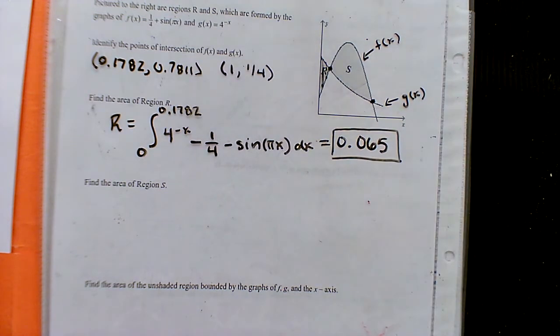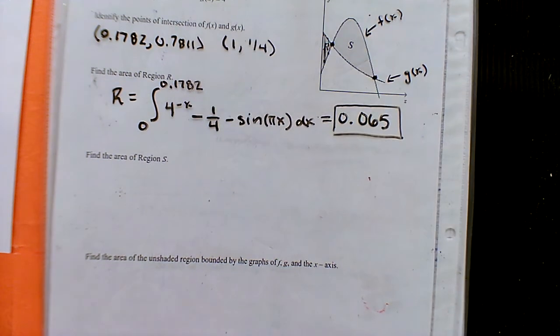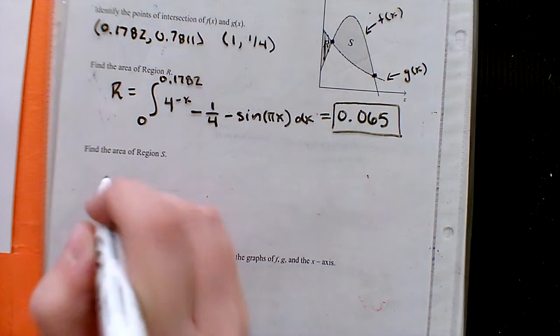I got 0.065. Sound good? Are we ready to go on to S? Okay, we're going to repeat the process, but for a different section of the graph.